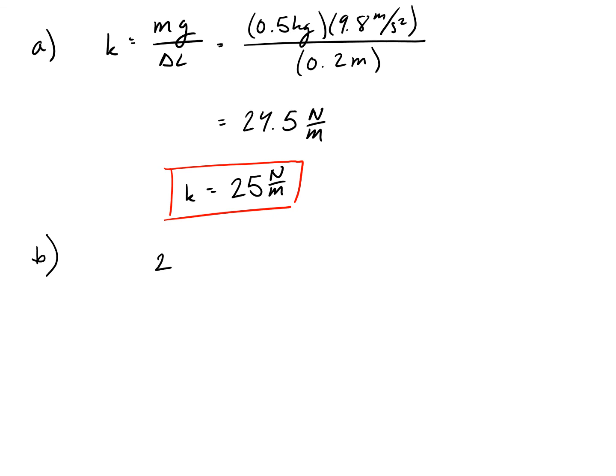Now I'm going to set my two omega equations, 2 pi over period is equal to square root of k over m, to solve for the period. So period is going to be equal to 2 pi times the square root of m divided by k. This is just rearranging to solve for my period value.